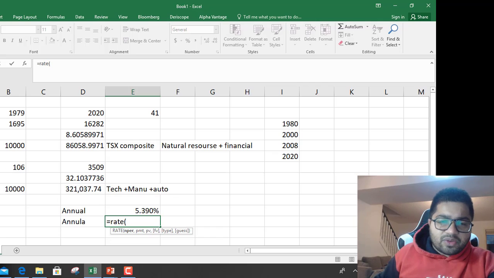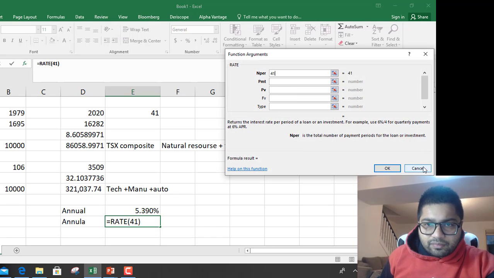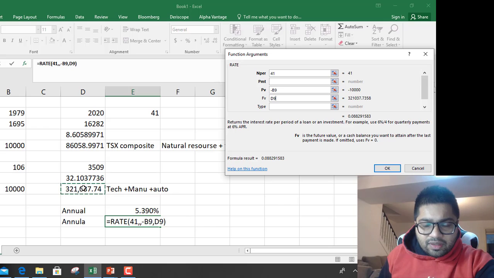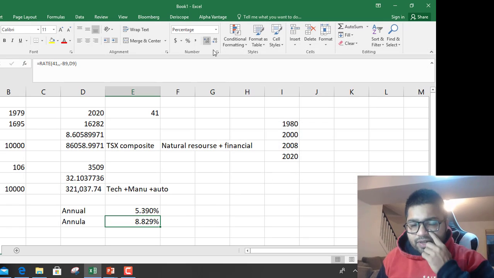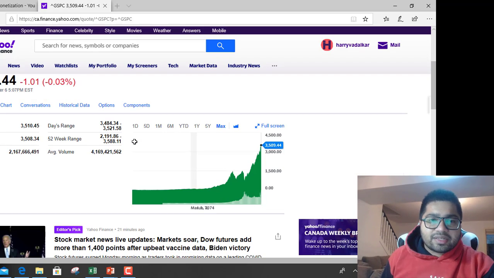Now the rate of return for American markets for the same time period, 41 years, present value 10 grand, future value this much. So the rate of return has been 8.82%. So there is a significant difference between returns in Canadian markets and American markets.